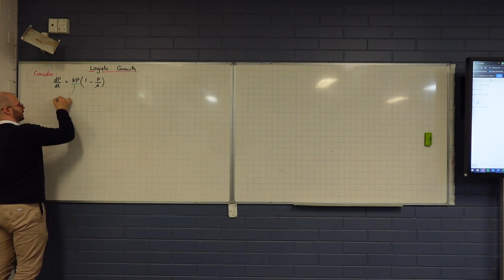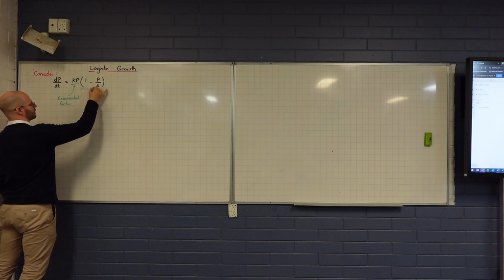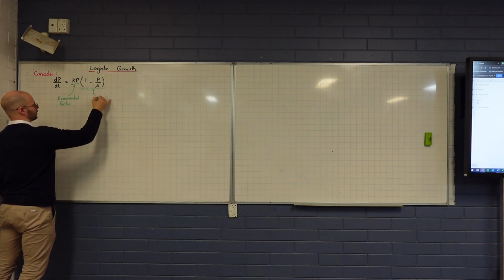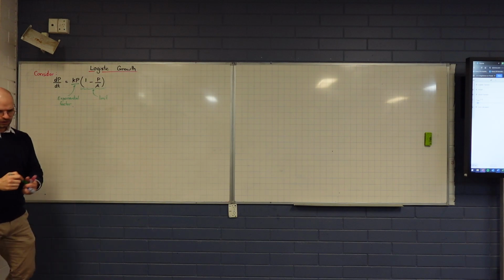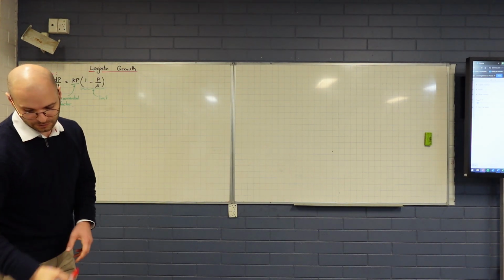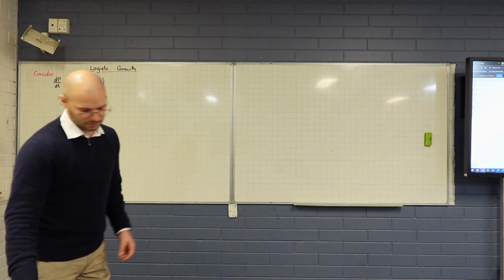This is the exponential factor or part. And this over here is the limit, or it restricts how high this model can actually go.